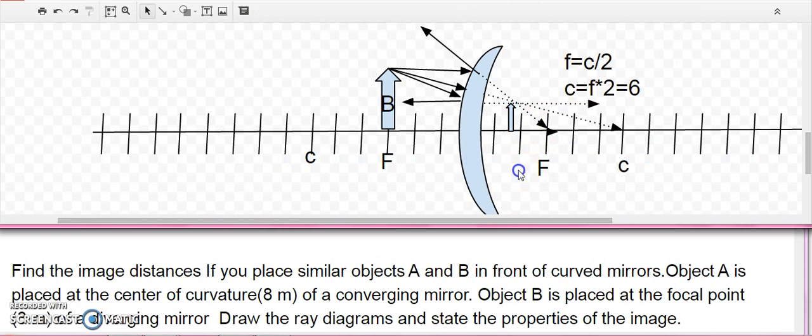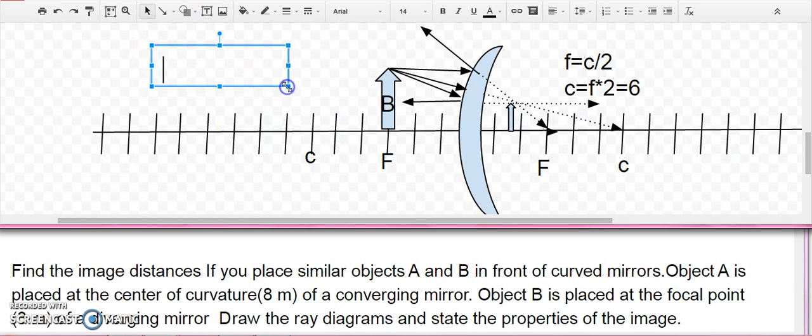And there we have it. For the properties, we would say image B is an upright virtual image.